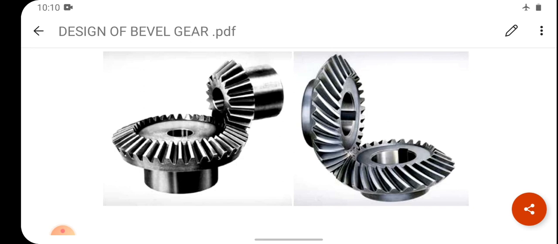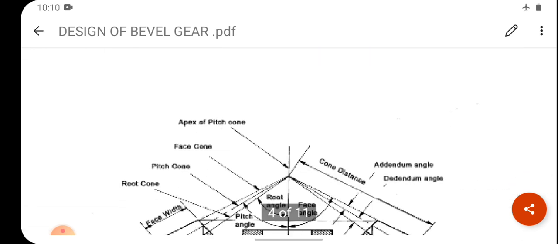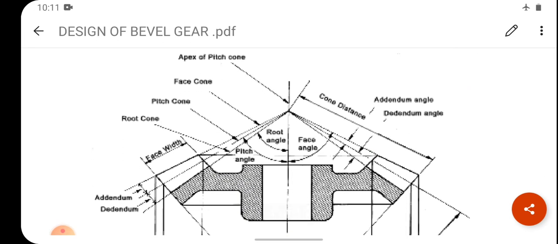This is the bevel gear examples. Now we will explain nomenclature and terminology in bevel gears. See this diagram. This is cut section model of bevel gear. So I am starting from the top, that is apex or pitch cone.